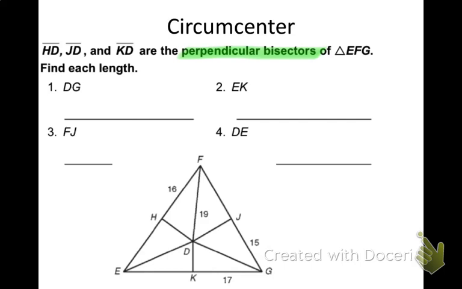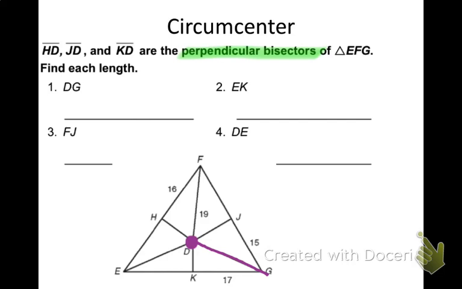So there's D, there's G. I want to find that length in purple. Now again, perpendicular bisectors, the intersection here is called a circumcenter. So let's see here. There's my circumcenter right in the middle. And I want to find the length from D to G.